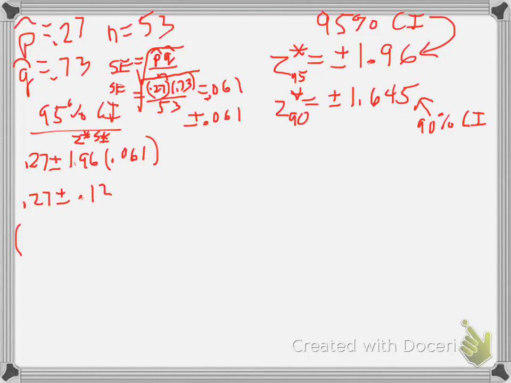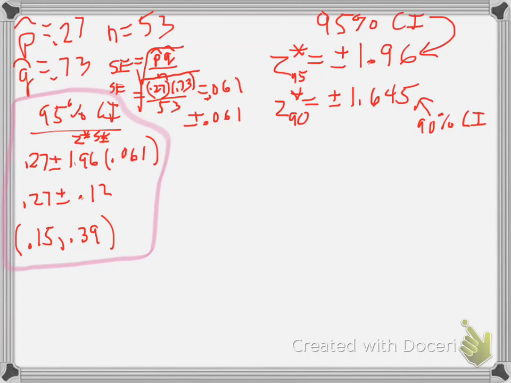So my 95% confidence interval is 0.15 and 0.39. I'll interpret this later. That's the 95%, so let me put that in a box.